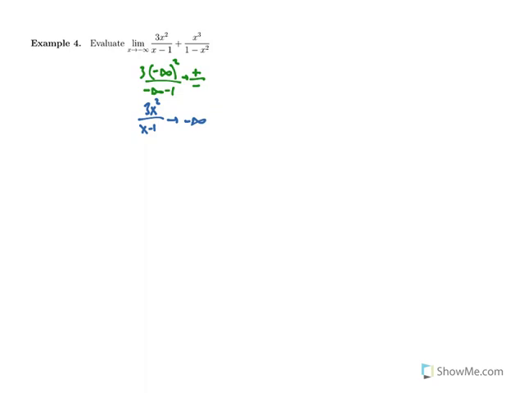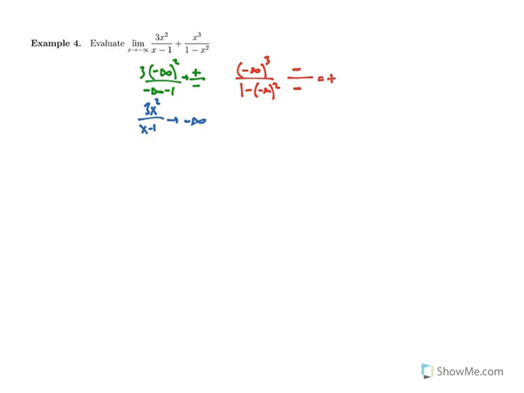The x cubed over 1 minus x squared is the same thing. The top is bigger than the bottom, so it's going to go to either positive or negative infinity. When we check the signs, we have a negative on the top. Negative 1 cubed is negative. And a 1 minus a positive number is going to give us a negative number.